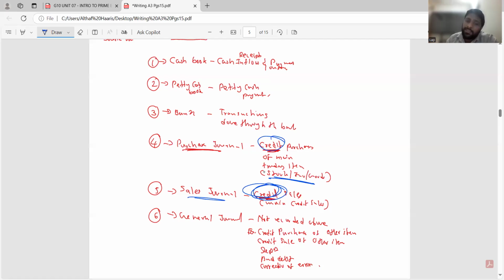Connected with this, we learn certain source documents also. For the cash book, we learn source documents like cash receipt and payment voucher. Petty cash book, petty cash voucher. Bank, we learn deposit slip, then checkbook counterfoil.